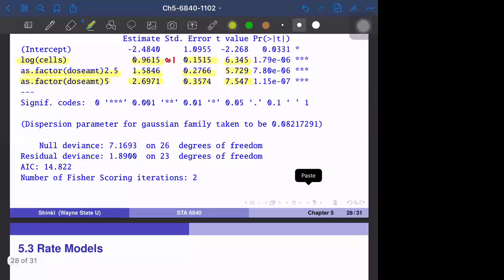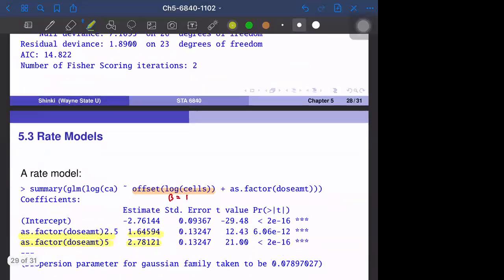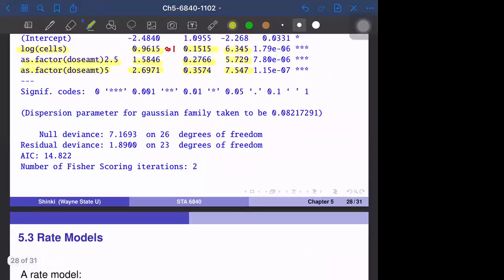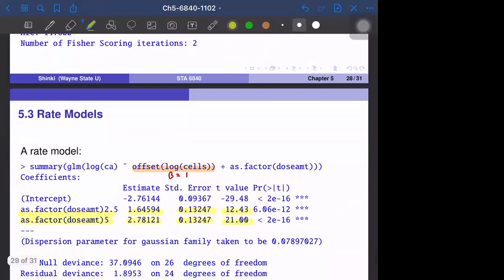These are similar to 1.58 and 2.70 before. But the standard error gets much smaller and the t-values are more significant: 12 and 21, where previously they were 5.7 and 7.5.